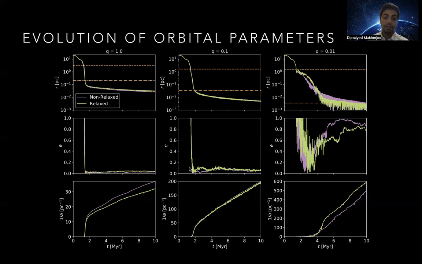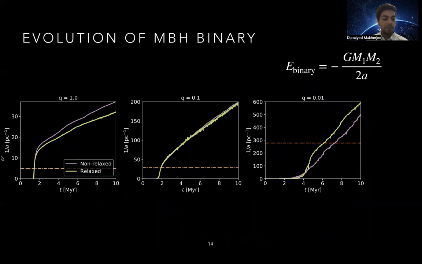Now here I've presented the evolution of orbital parameters, but I want to focus on the last row here because that's where the interesting stuff is happening. So here in the last row, let me zoom in a little bit. I have presented the evolution of the inverse semi-major axis as a function of time.